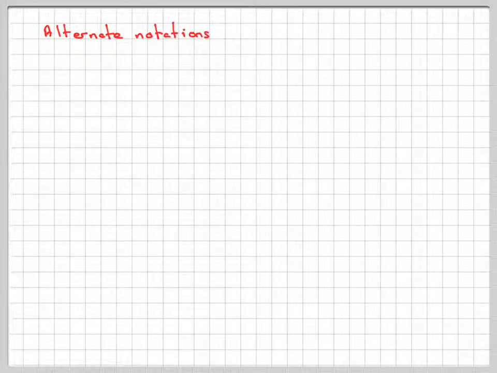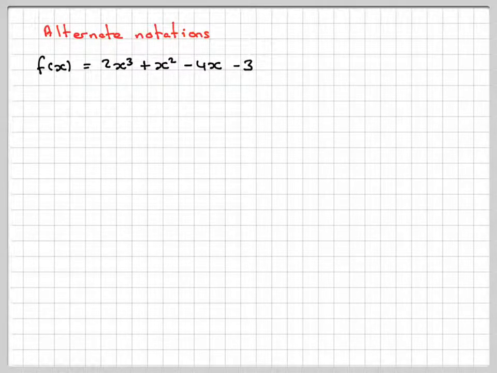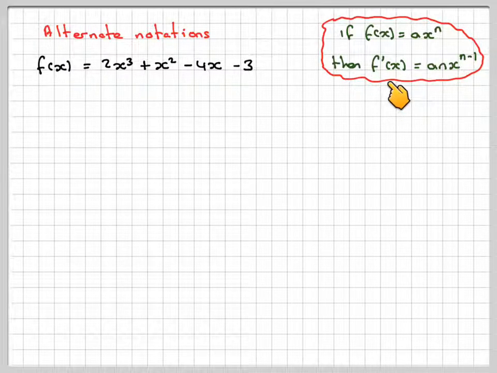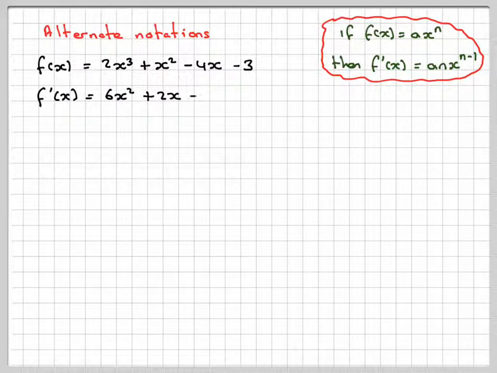Alternate notation. Well, if we have function notation, f of x equals 2x cubed plus x squared minus 4x minus 3, same rule: if f of x is ax to the n, f dash of x, which means dy by dx or the gradient function, is going to be a, bring down the power, x, reduce the power by 1. So you get exactly the same answer, 3 times 2, which is 6x squared, plus 2x minus 4.